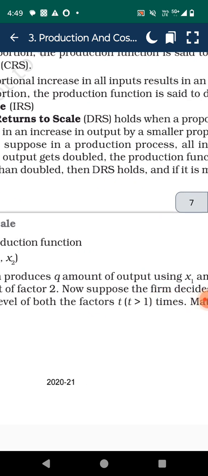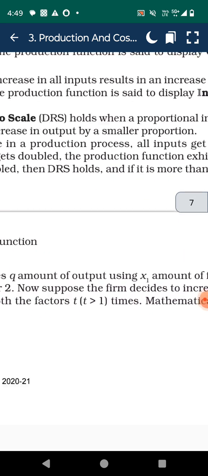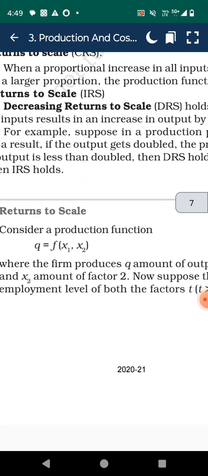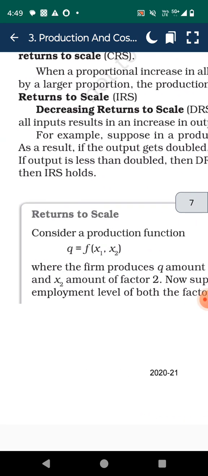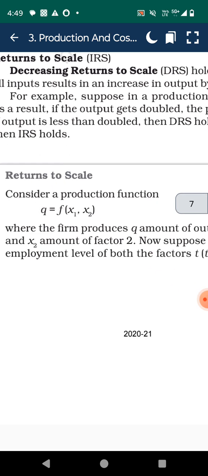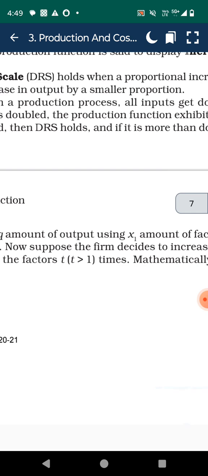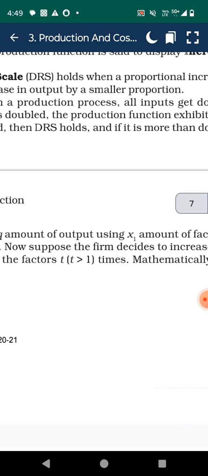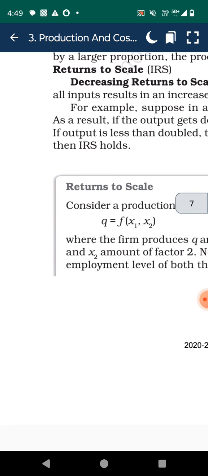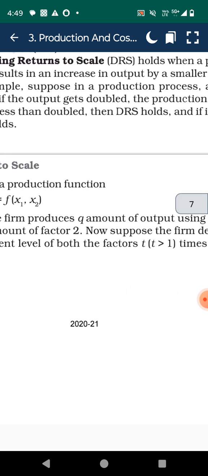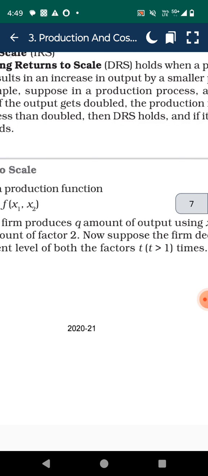When the proportional increase in all inputs results in an increase in output by a larger proportion, the production function is said to display increasing returns to scale. Decreasing returns to scale hold when a proportional increase in all inputs results in an increase in output by a smaller proportion.